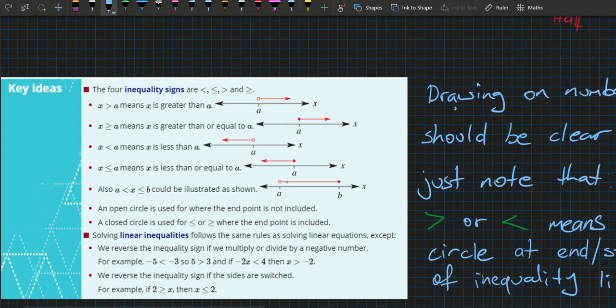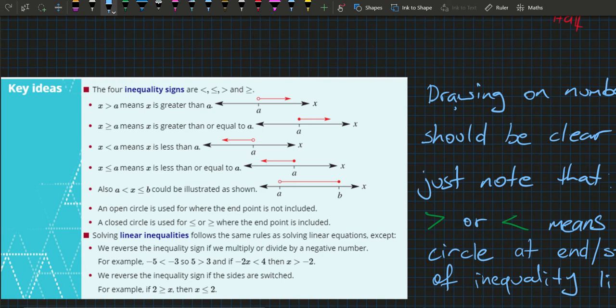But strictly greater than means we draw a little clear circle here because we mean x's that are strictly greater than a. So that does not include a. But of course it includes every number up to it. So you could have a 0.00000000000001, and that is greater than a.